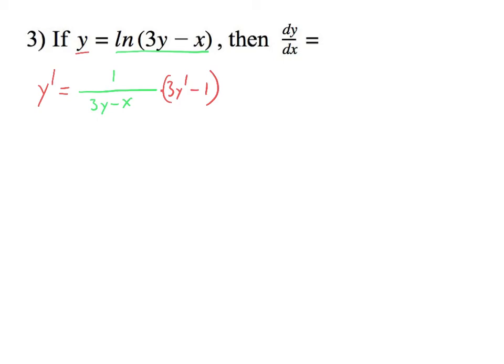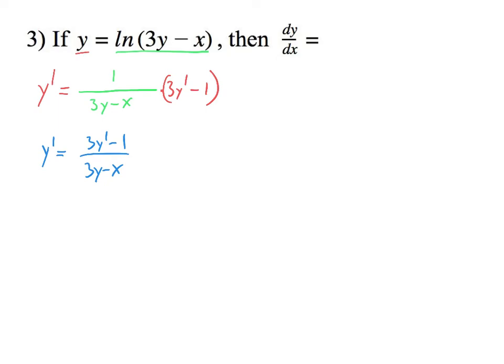Okay, so let's clean this up. First of all, let's just put y prime equals 1 over 3y minus x, times 3y prime minus 1. Let's rewrite it like that and push it over. Now, if I want to get all the y primes to one side, there are different ways of doing that.